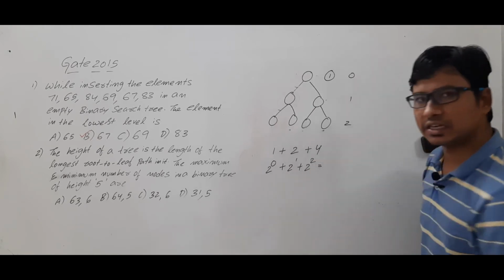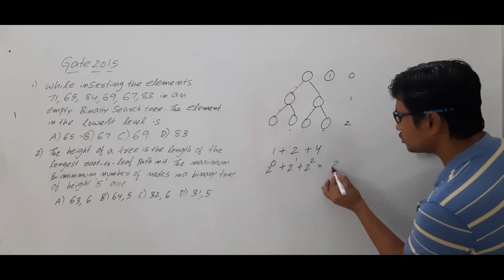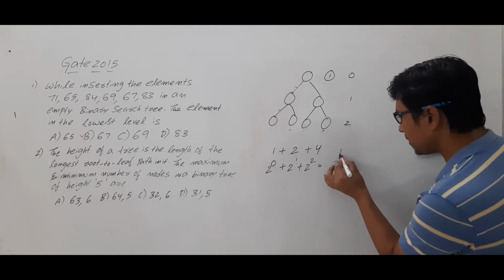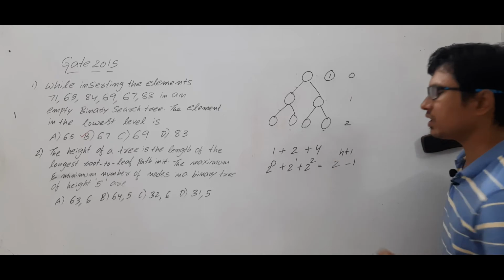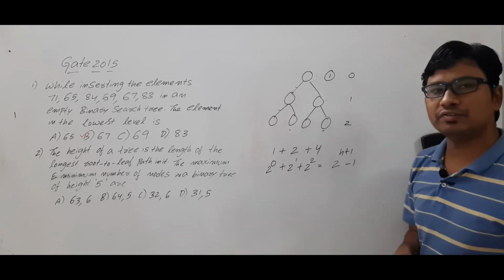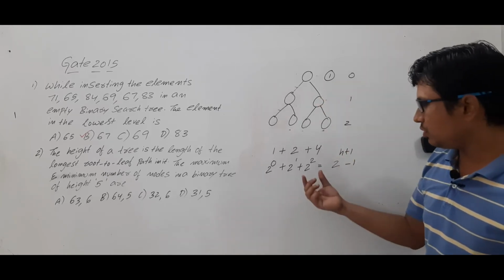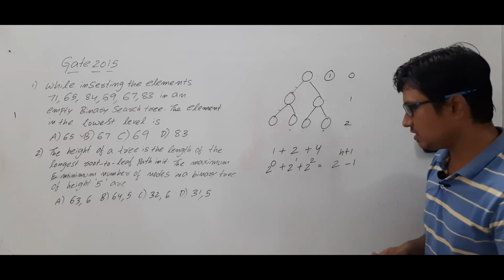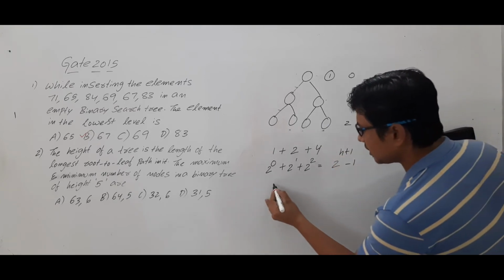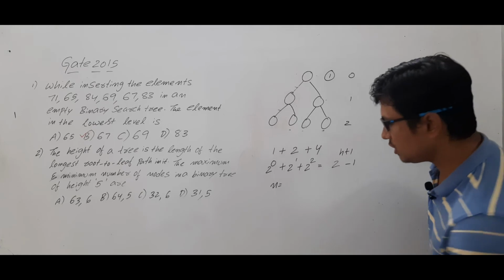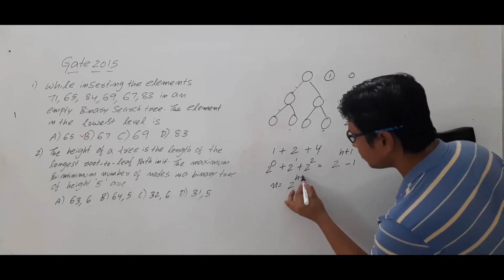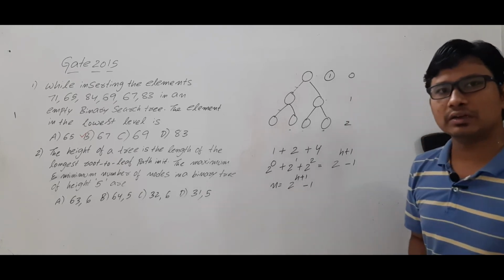If I perform this addition, I will get 2 power h plus 1 minus 1, where h is the height of the binary tree. So if you have the height h of a binary tree, the number of nodes is equal to 2 power h plus 1 minus 1. Is it clear?